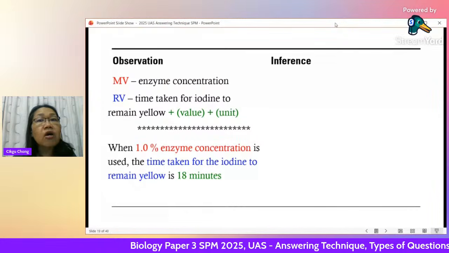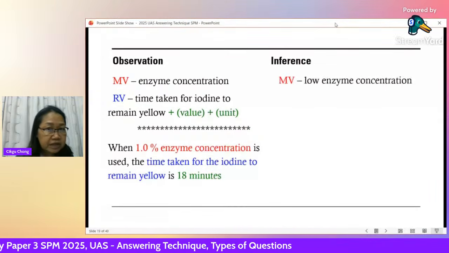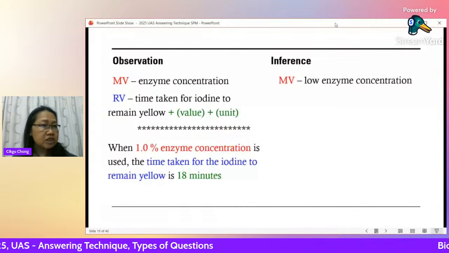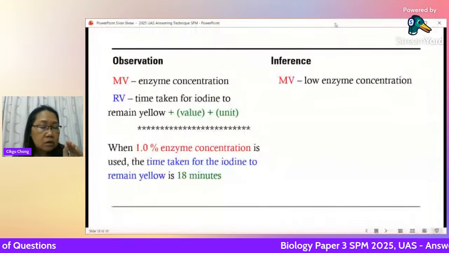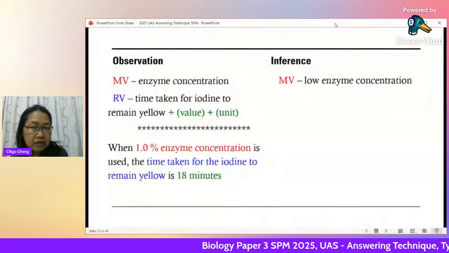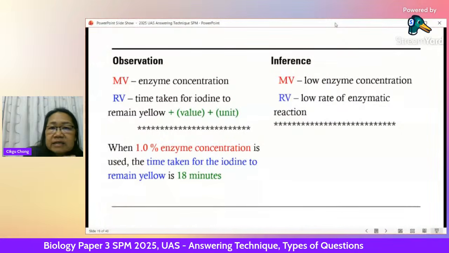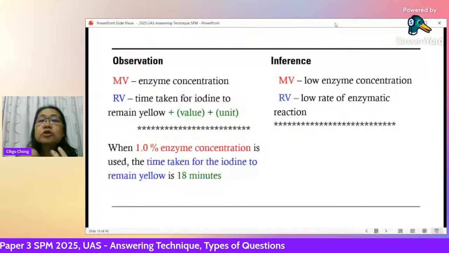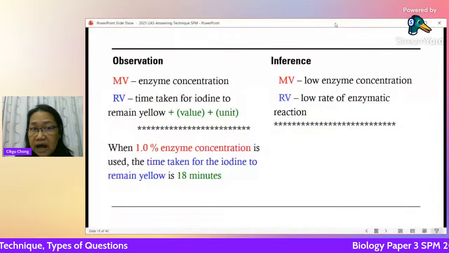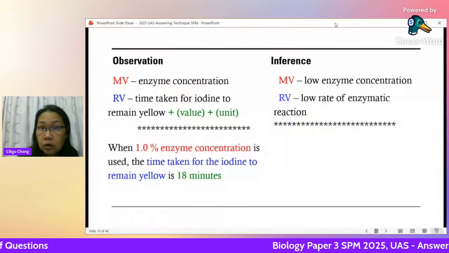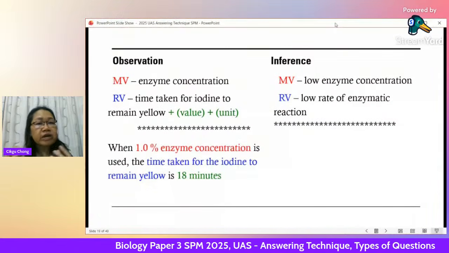So your MV and RV for inference are not the same as before. Your enzyme concentration just now for observation, 1.0, means it is low. Your 1.0 is the lowest, the highest is 2.0. And your RV, your 18 minutes, actually shows what does it represent? When you have a long time for iodine to remain yellow, it means the rate of enzymatic reaction is lower.